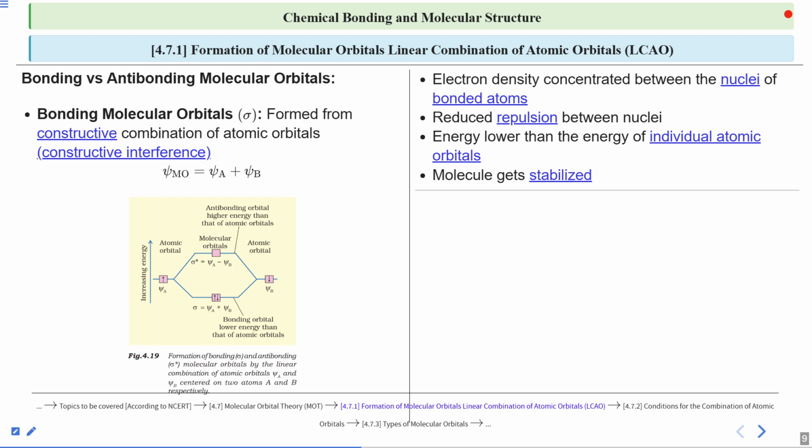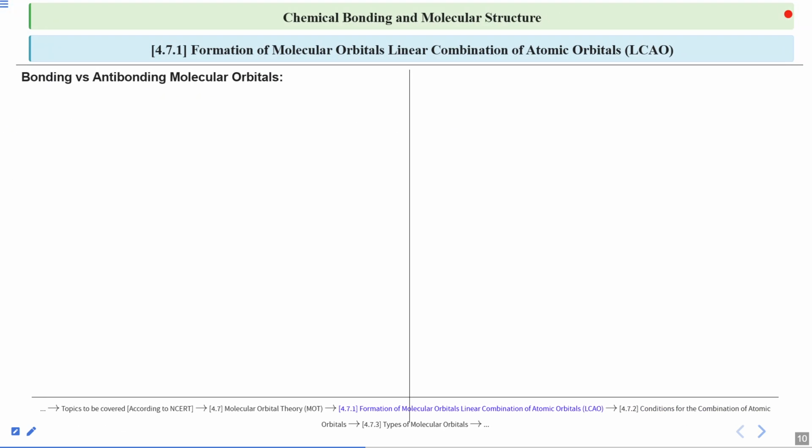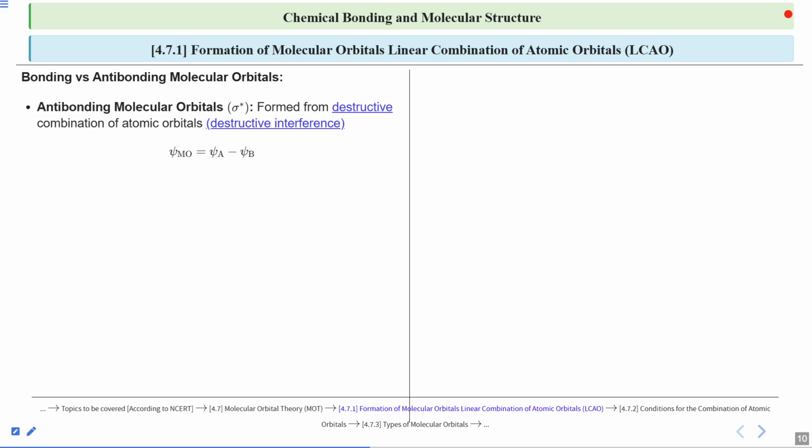Now we will move on to the next type of molecular orbital, which is anti-bonding molecular orbital. Now, the opposite sign, which is the negative sign, is the one creating this anti-bonding molecular orbital, which is represented by sigma star. In the case of hydrogen, if you take two hydrogens, they will form only one type of bond, which is sigma and sigma star.